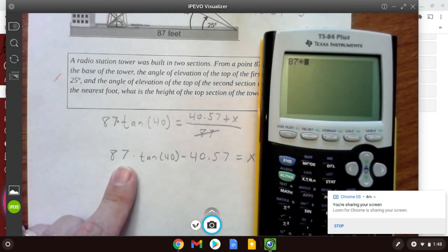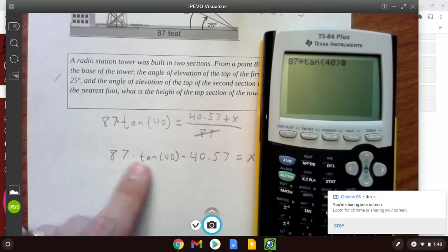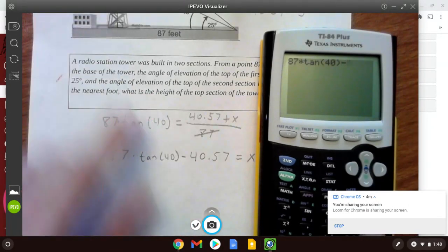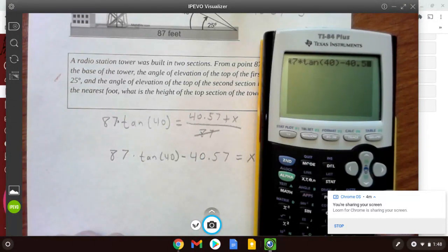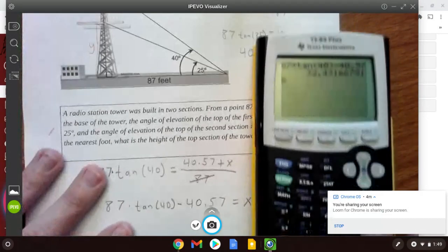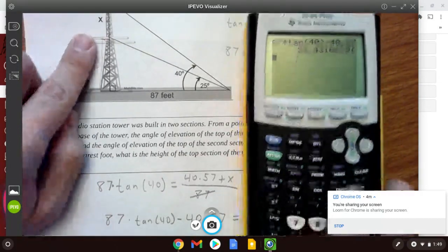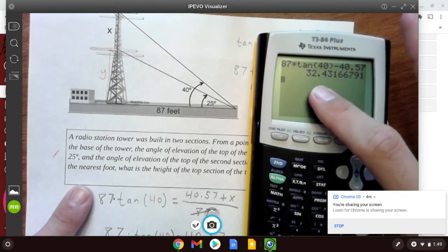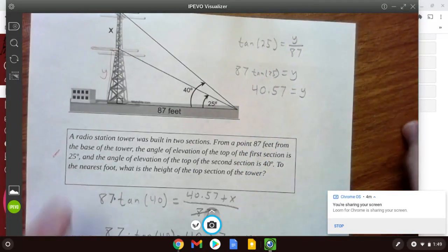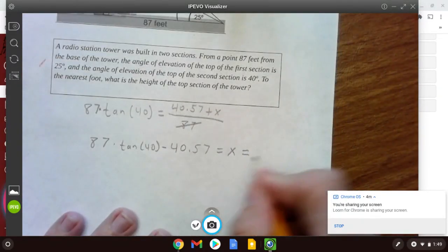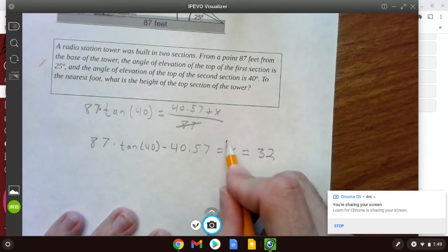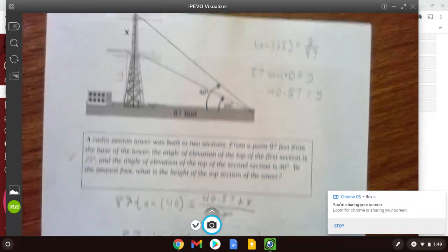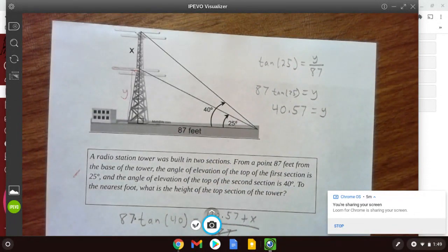So 87 times the tangent of 40, minus that section that we didn't care about, 40.57. The top section here is going to be 32.431. Since they wanted it to the nearest foot, it's going to be 32 feet. So x is approximately 32 feet. And if you wanted the overall height, just add the 32 and the 40.57. That's good enough.